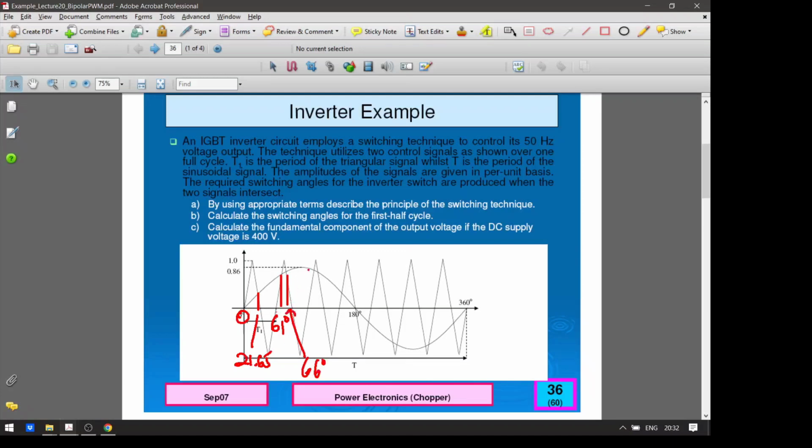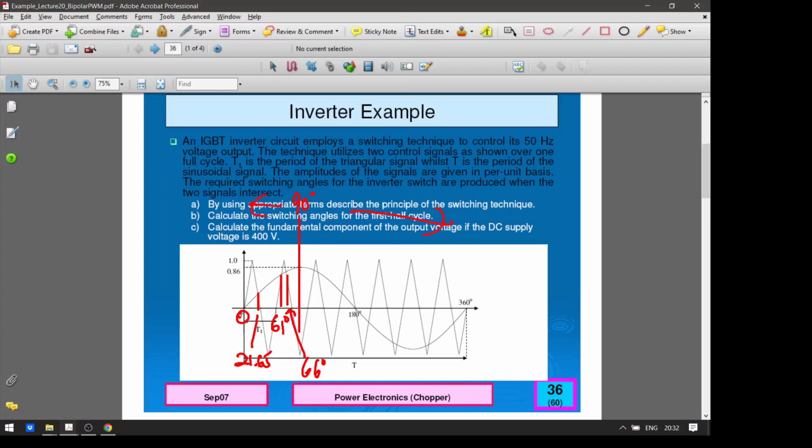Now for you to calculate the rest of the angles, when you look at the waveform again, it is symmetric with respect to that axis. So if we draw a line at 90 degrees, this is 90 degrees out of 360 degrees.